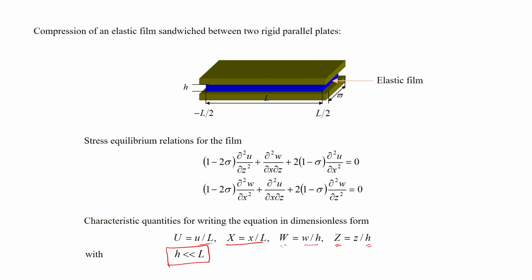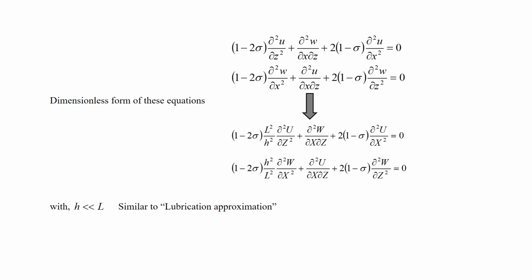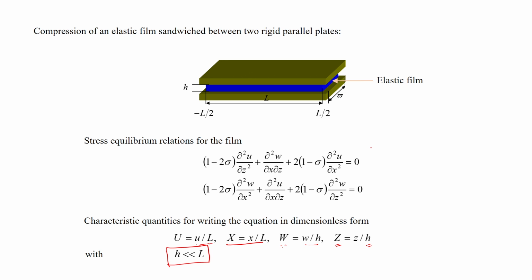So, let us write down u, w, x, z in terms of these dimensionless quantities, and we can do that easily. Let us derive it here.